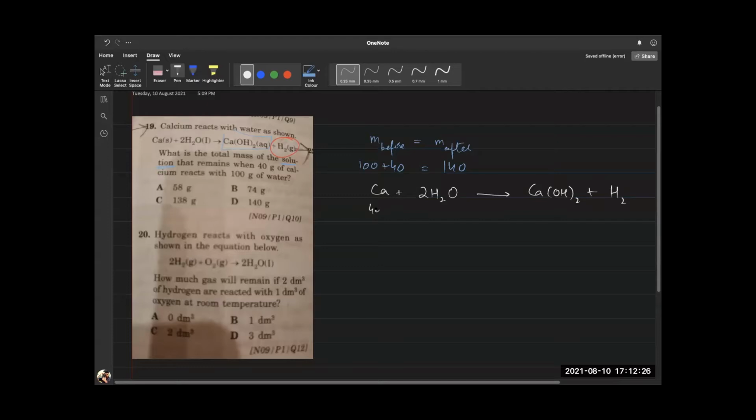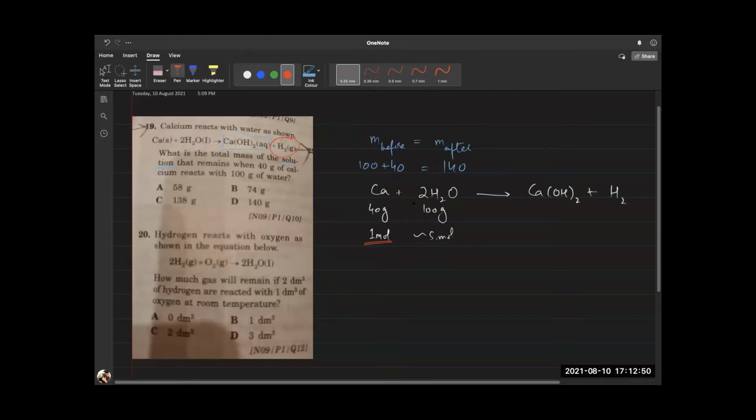So you have 40 grams of this thing and you have 100 grams of this thing. 40 is 1 mole of calcium, but this is more than 5 moles of water. So clearly the limiting reactant in this case is calcium, because it has lower moles and it needs just 2, and water has much more.